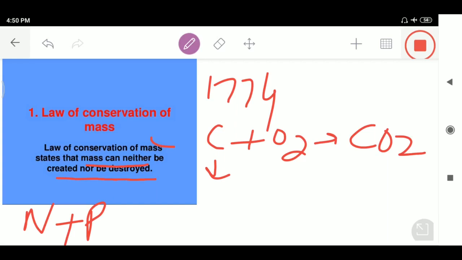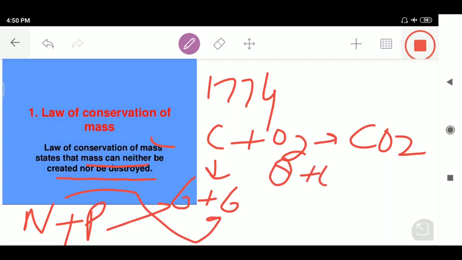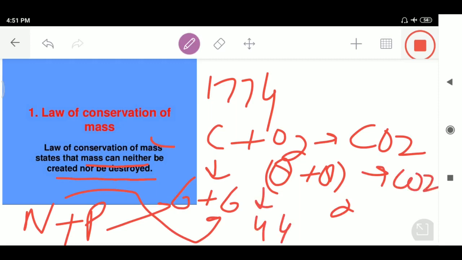So carbon has 6 protons plus 6 neutrons. Oxygen has atomic number 8, that's 8 protons plus 8 neutrons, into 2, equal to carbon dioxide. It comes out to 44: 6 plus 6 is 12, plus 8 plus 8 is 16, into 2 is 32, so 12 plus 32 equals 44. So these are the reactants.